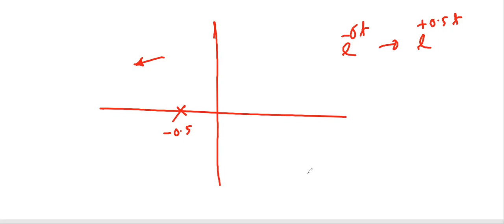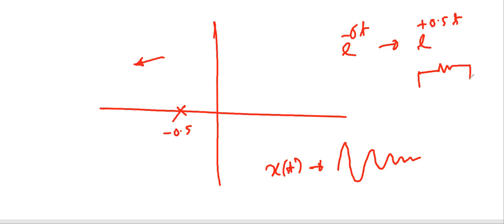That means if your x(t), now I am talking about x(t), looks like a decaying function in an RLC circuit, let's say you have an RLC circuit, what is the output of that? If the output looks like this, then of course this is a stable signal.